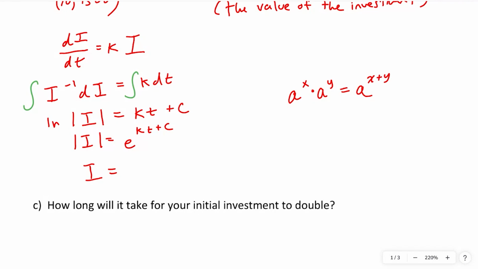If you've got a power with a sum for the exponent, you can split that up. And so I'm going to split this up as e to the kt times e to the c. The reason I'm going to do that is because e to the c is just some other constant. Like if the constant was 5, e to the fifth power is just some other constant. So this is going to turn into our new c.